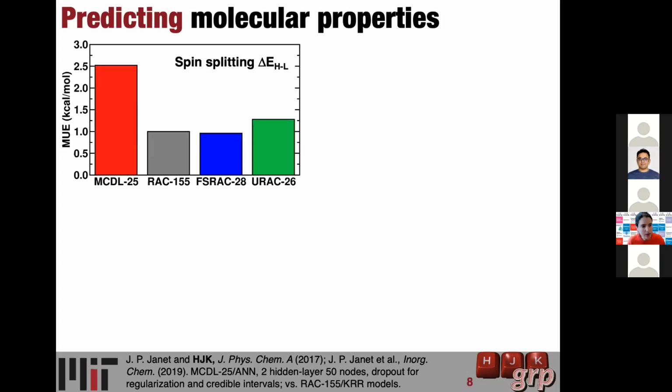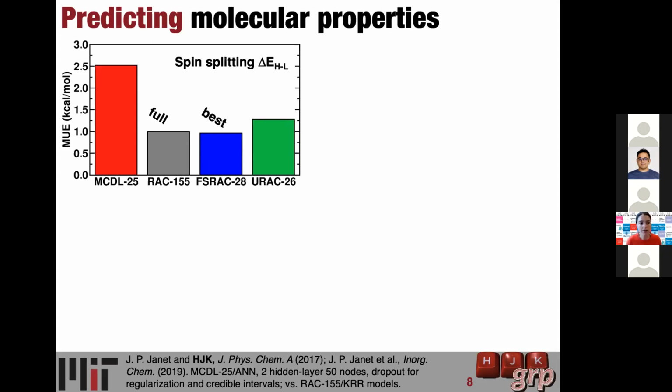And so I show MCDL25 side by side with RAC and feature selected subsets, where our RAC feature set, our default feature vector, is about 155 dimensions. You might expect that it was outperforming MCDL25 from about 2.5 kilocal per mole mean absolute error down to 1 kilocal per mole mean absolute error, just because it's encoding more information and resulting in overfit models.